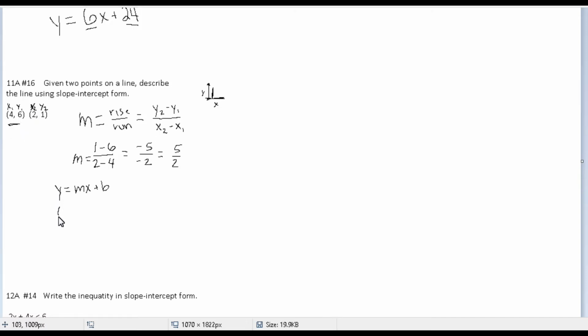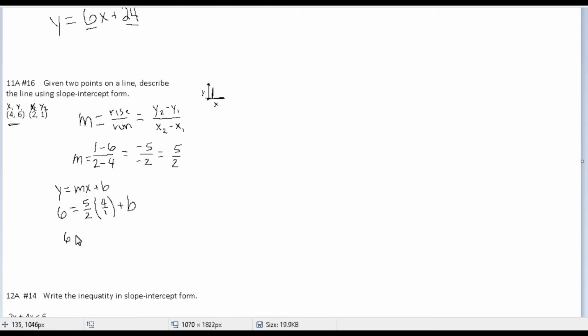So my y is 6, my m is 5/2, and my x is 4. I'm going to write it as 4/1 to help me when I multiply. And then b is what we want to know, so that's our only variable. If we can fill in all but one variable, we can solve for that one.